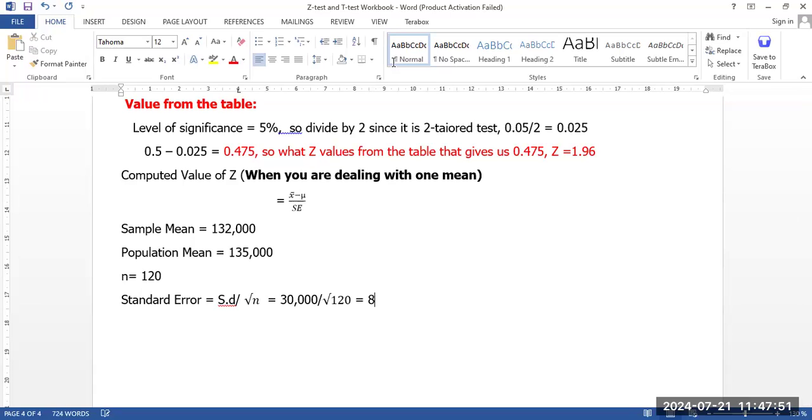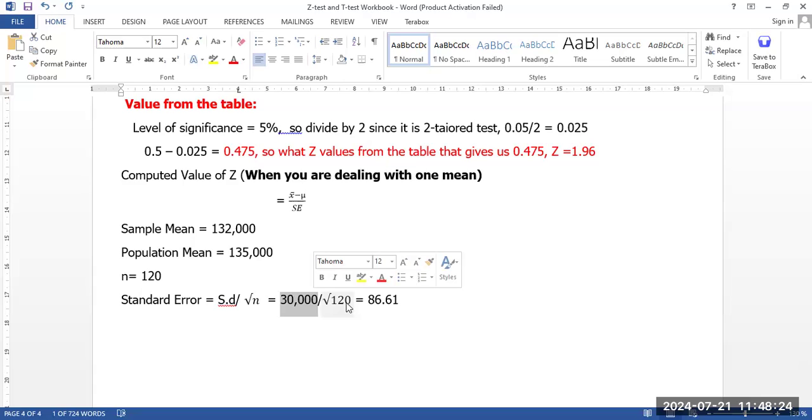Someone is saying 86.61. All of you, that's what you're getting in 3 decimal points. On your calculator, just write 30,000 divided by root 120, then click the equal sign.